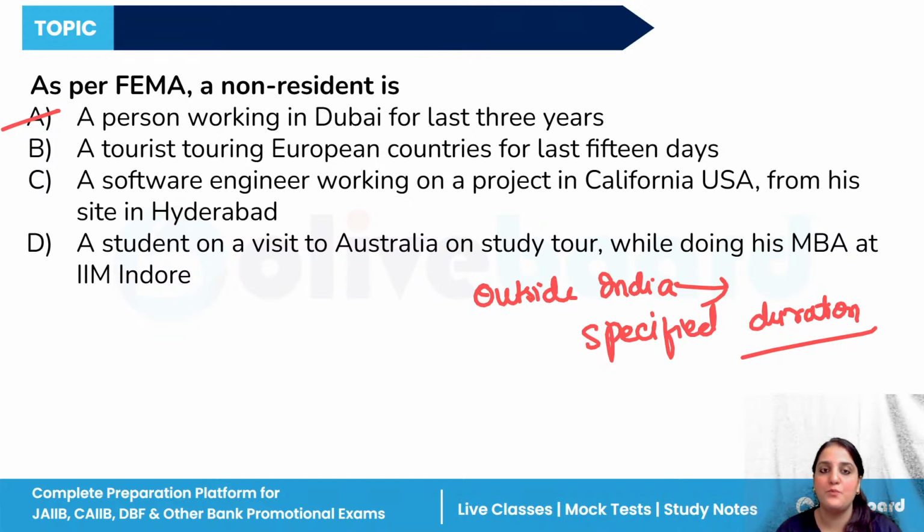According to me, option A is correct here. Yes, the person residing above 180 days. Option A is correct.